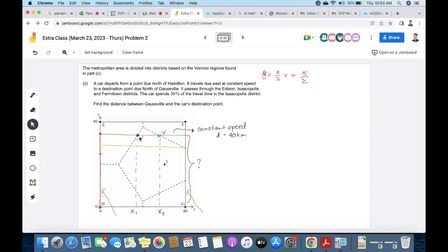Is it clear? But do we know the x coordinate? Yes or no? We do not know, right? It's unknown to us. So what we can do is simply assume it as x sub 1. So this would now be y equal to 3 halves of that x coordinate plus 15 over 2. Is it clear?